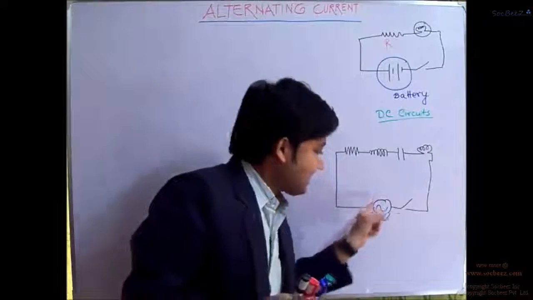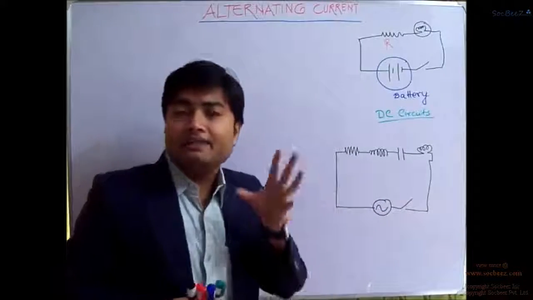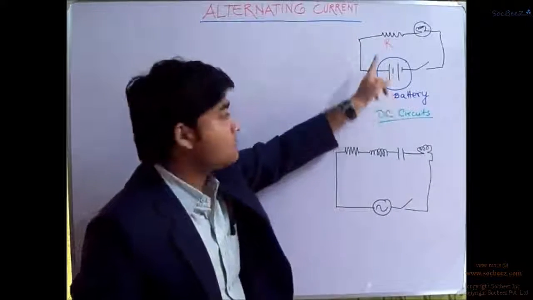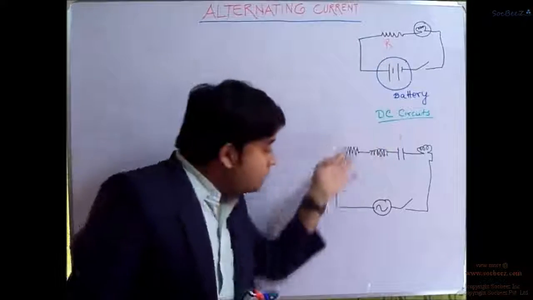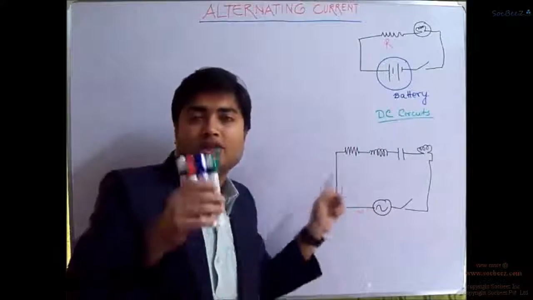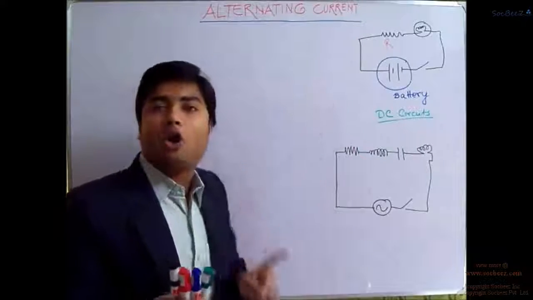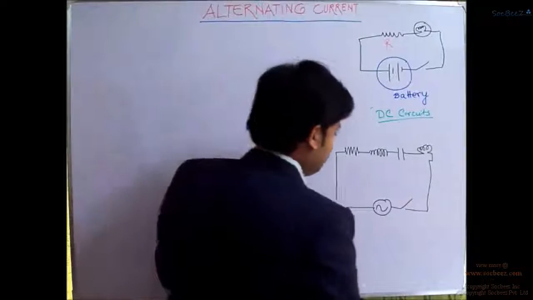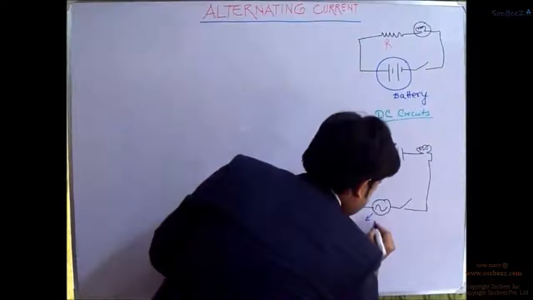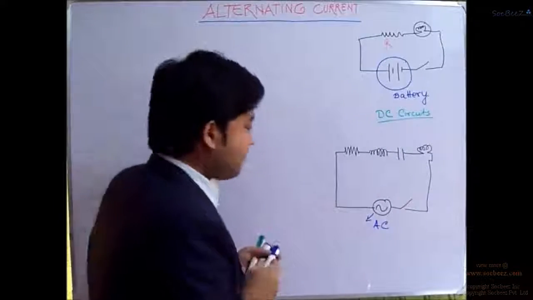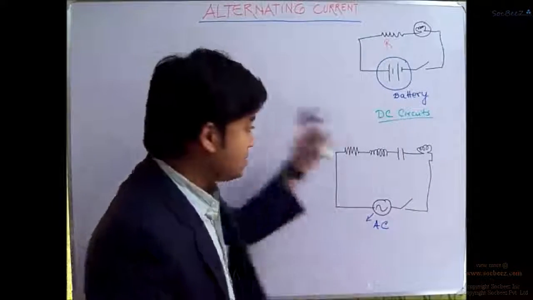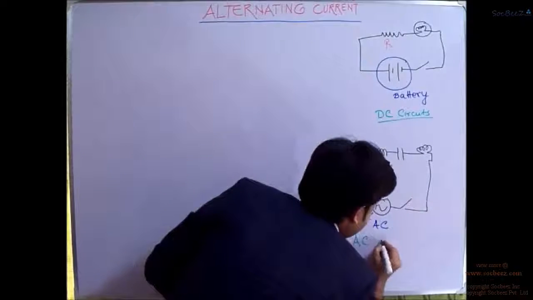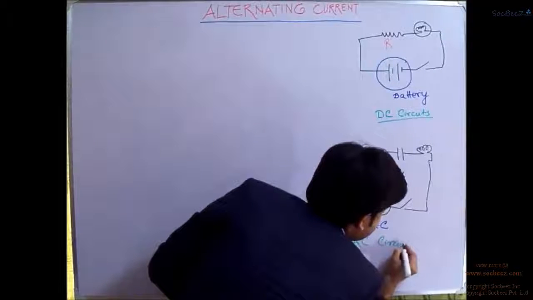Instead we can see this kind of symbol. This symbol indicates that over here the power supply, which was a battery for the DC circuits, is now the alternating current or AC. So this is the alternating current, AC, and this kind of circuit will be known as an alternating current circuit, or simply an AC circuit.